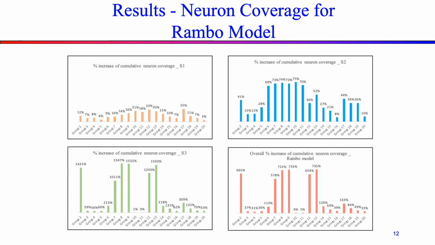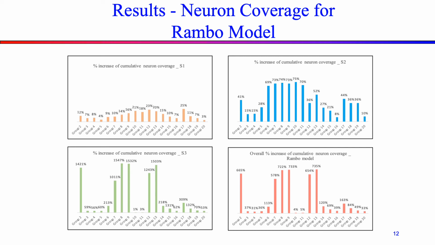For S2, we notice a substantial increase in neuron coverage. For 7 groups, groups 6, 7, 8, 9, 10, 11, and 13, we notice that more than 50% of additional neurons were covered by their respective T-way test compared to their respective baseline.